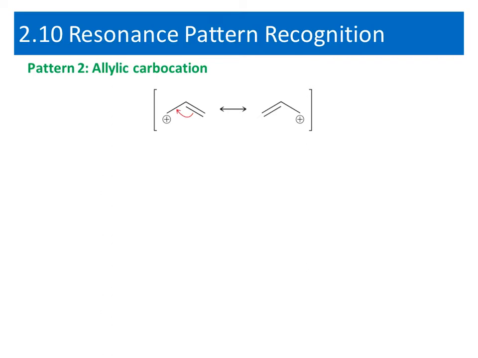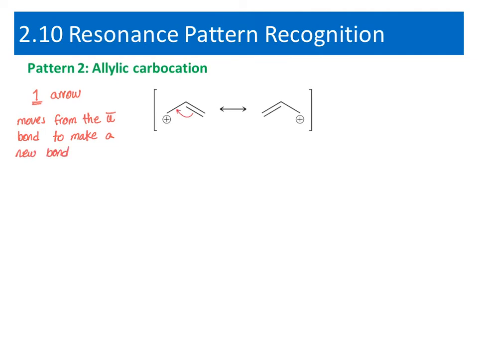So to draw the resonance structure in this pattern, we are only using one arrow. Okay? And that arrow moves from the pi bond to make a new pi bond.